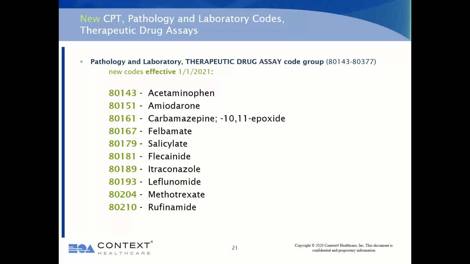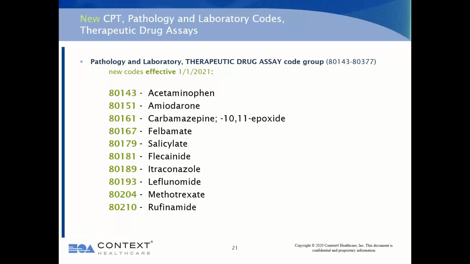Acetaminophen and salicylate are well-known antipyretics and anti-inflammatories. Methotrexate is an immunosuppressant. Amiodarone and flecainide are antiarrhythmics. Itraconazole and leflunomide are antifungals. Rufinamide, felbamate, and carbamazepine are anti-seizure medications.